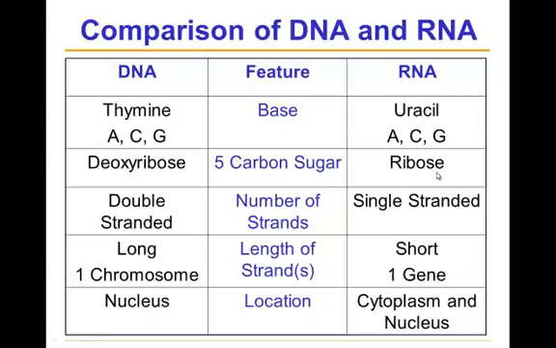The 5-carbon sugar in RNA is ribose. The number of strands, DNA is typically double-stranded, while RNA is typically single-stranded. In other words, DNA has 2 backbones and looks like a ladder. RNA looks like half a ladder, has 1 backbone.